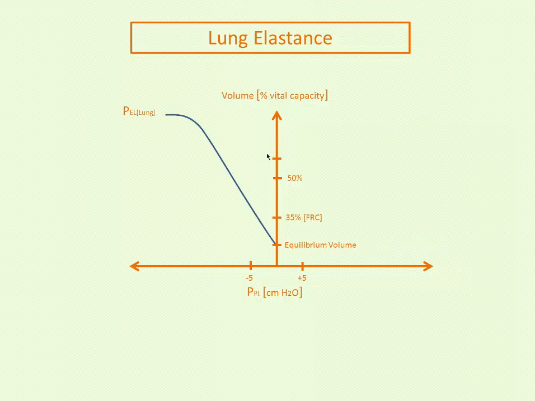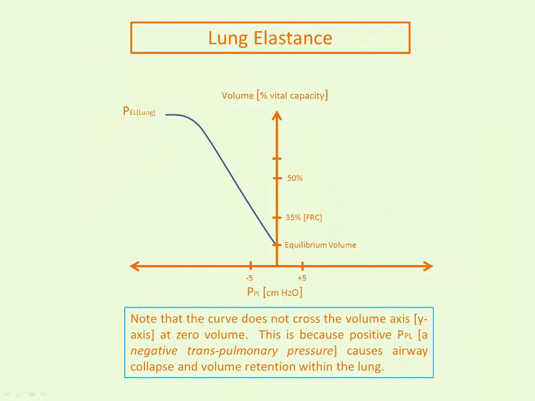So if we were to do that experiment that I just mentioned where you sequentially lower the pleural pressure, so you're moving this way on the y-axis, and then at each point measure the increase in lung volume and plot it, well, then you'd get this nice curve here, and this is your lung compliance or lung elastance curve.